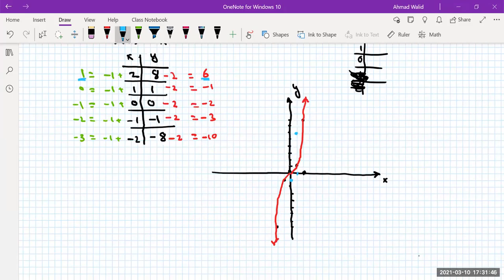When x is negative 1, y is negative 2. Negative 1 and negative 2 will be this point. x is negative 3, y is negative 10. If this point is 8, this point will be 10, right?